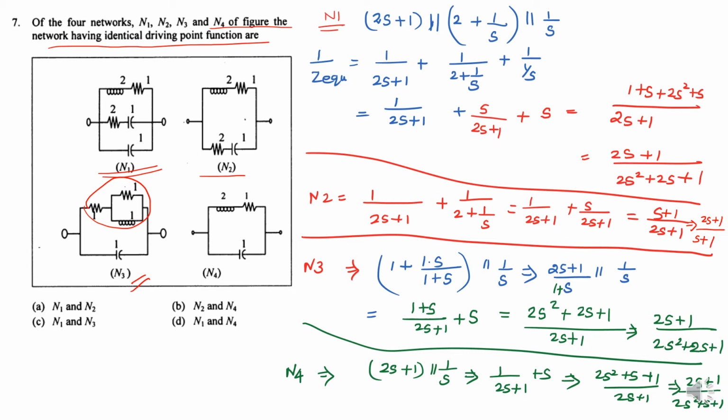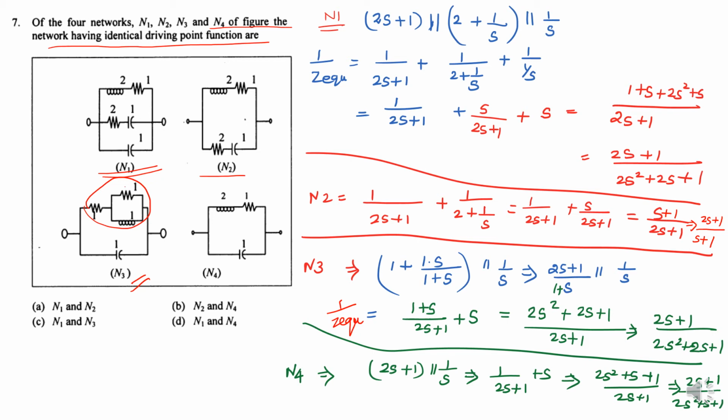Parallel combination means 1 divided by 2s plus 1 by 1 plus s, that is 1 plus s by 2s plus 1, plus 1 by 1 by s, that is s. So 2s square plus 2s plus 1 by 2s plus 1, that is 1 by Z equivalent.